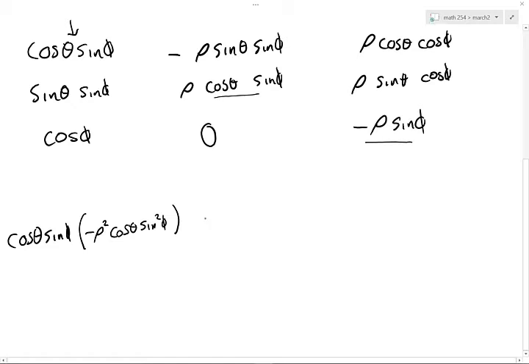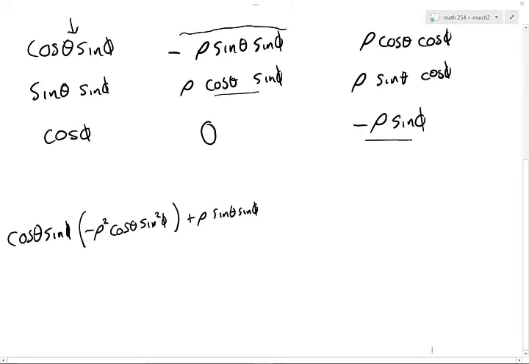So there it is. Now, I'm going to take this middle fella, right? When we do this 3 by 3 determinant, the middle one is always minus, but it's already minus, so plus rho sine theta sine phi. Now, who are we multiplying by? We're taking this guy here, this guy here, times this guy over here.